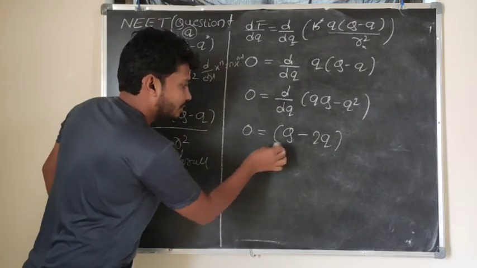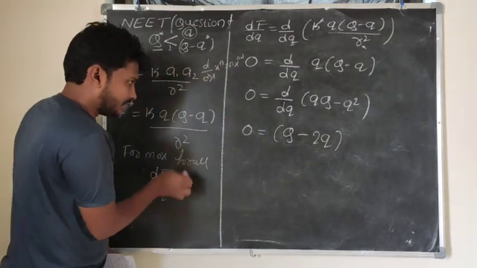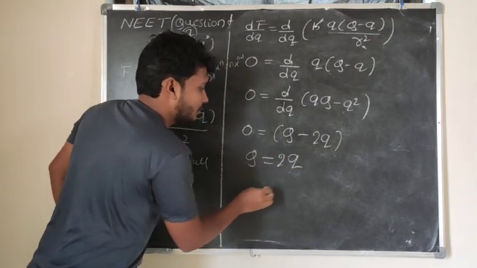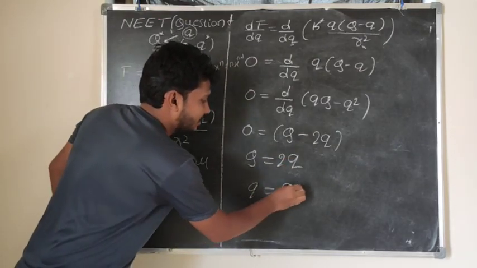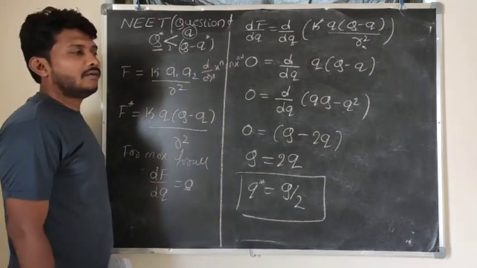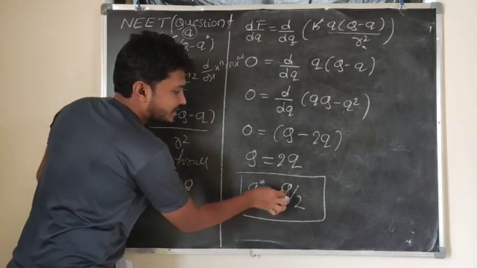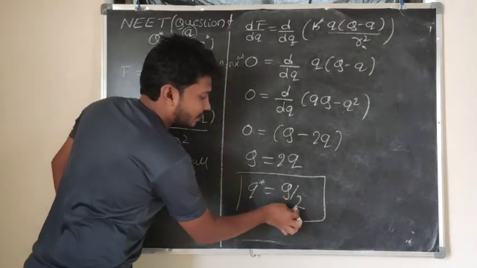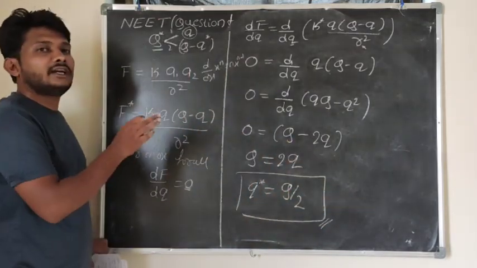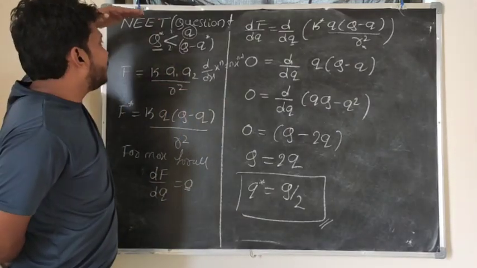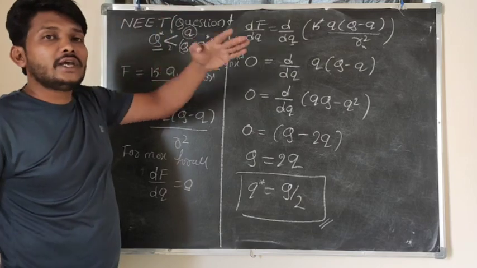So dF by dq is equal to 0 gives Q equal to 2q, so q is equal to Q by 2. What does this mean? Small q is equal to capital Q divided by 2. It means that in order to get the maximum force, I need to divide the charge into two equal halves.